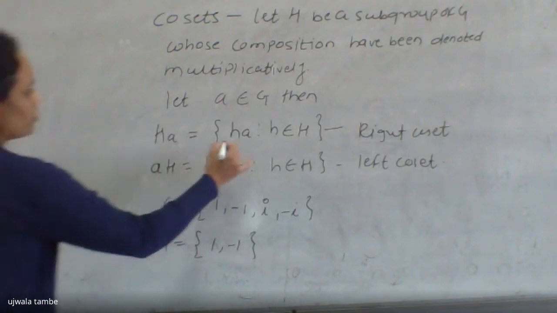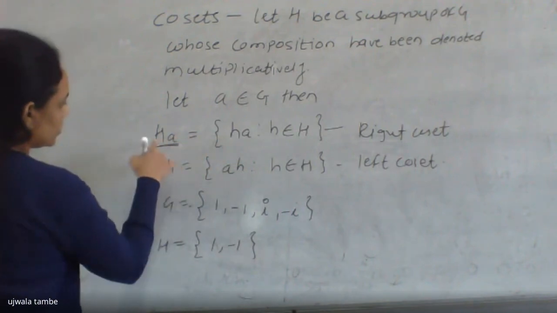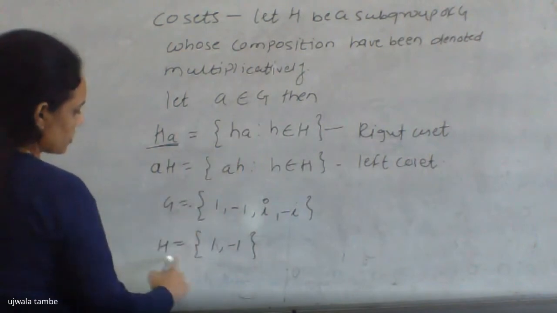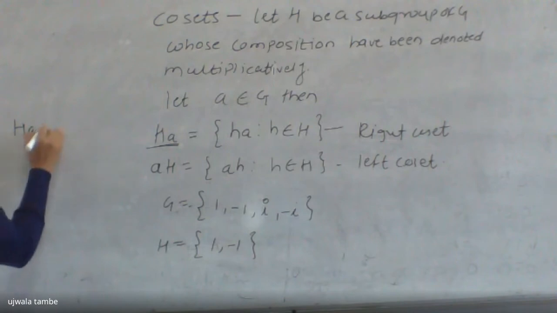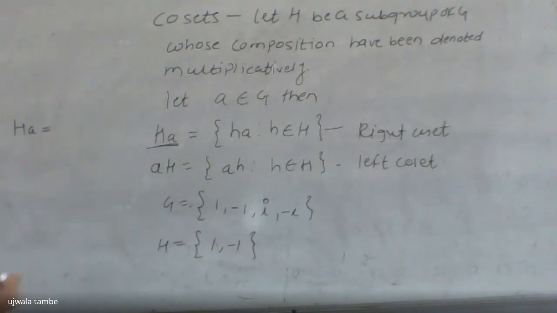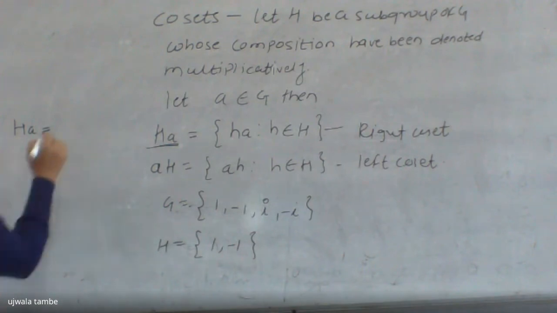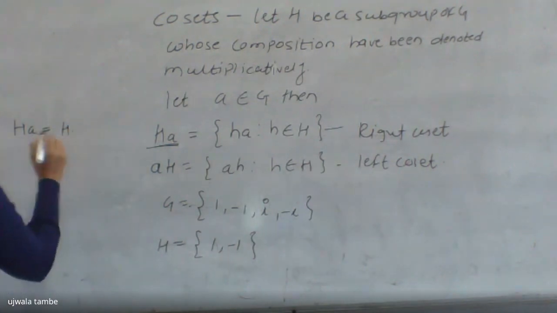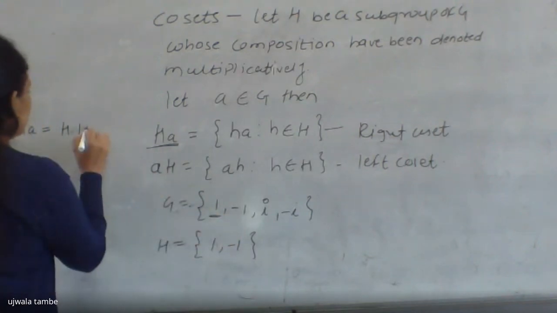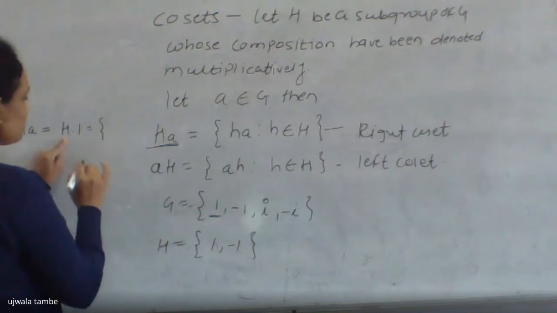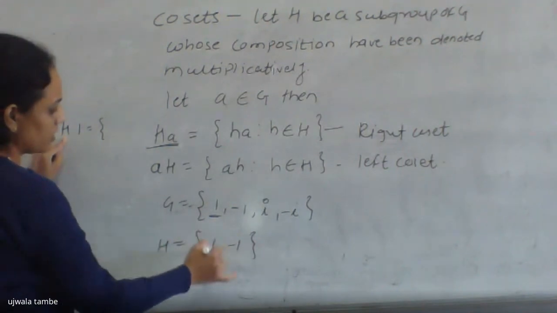Okay, so first we have to consider Ha, where h belongs to set H. So I am going to write it down like this. Ha is equal to, suppose we consider h from the set capital H and then perform the operation with a. Suppose h times a is equal to 1. We have to perform the operation for this. So this is equal to, h is 1 and a is also 1.